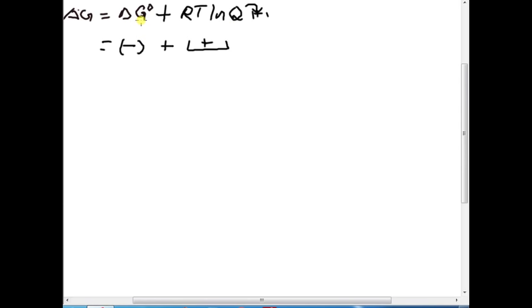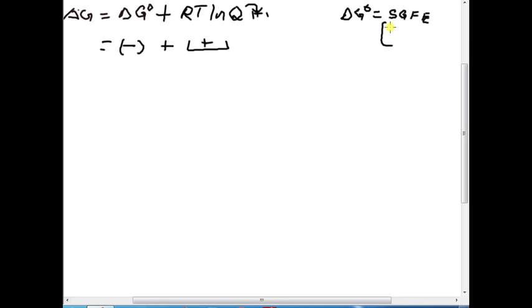Suppose you have a del G naught value. Let me just talk a bit about what del G naught means. It's called the standard Gibbs free energy. Let's use a short form for it: standard Gibbs free energy, del G naught. And what is the standard thing?